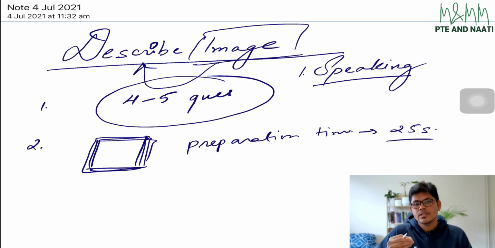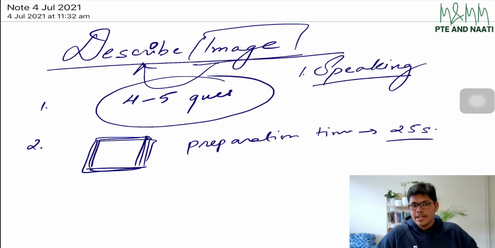Now, why is it called preparation time? Because the microphone is off during that time. So whatever you will be speaking or practicing will not get recorded. You are not answering, you are preparing, you are practicing, and hence it is called preparation time. I would encourage you to make the most of those 25 seconds, and I will tell you exactly what you need to do in those 25 seconds, because you cannot skip that time.